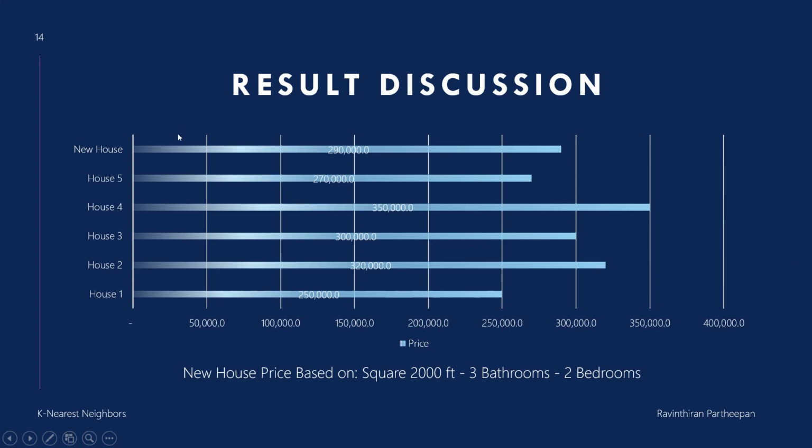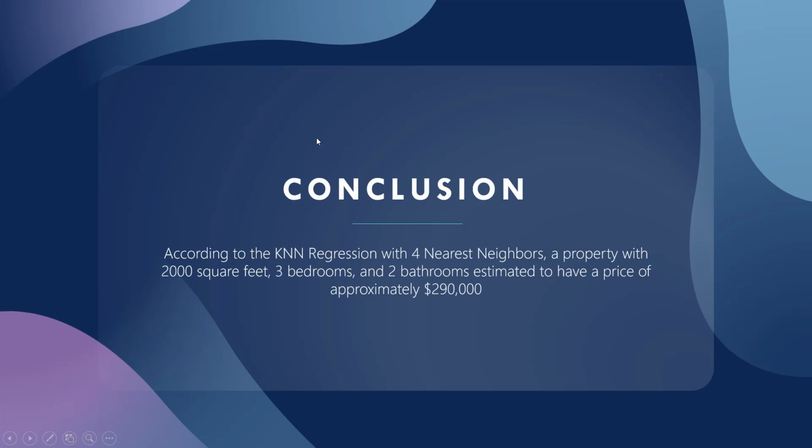From the visualization, as you can see, on the x-axis we have the prices, and on the y-axis we have the housing properties. For the first house, the price was 250k, and for the new house I requested, based on 2000 square feet and 3 bedrooms and 2 bathrooms, the price will be 290k dollars, and this is how we can interpret it from the visualization.